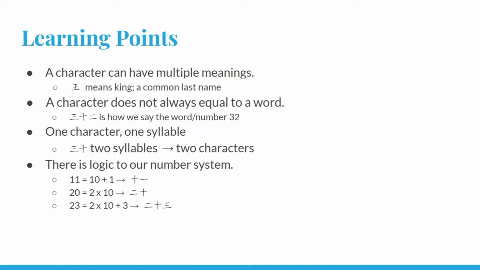We simply follow up with the remainder after we get our 20. So we have 2 times 10 plus 3. 二 is 2, 十 is 10, and 三 is 3. So altogether we have 二十三, 23.